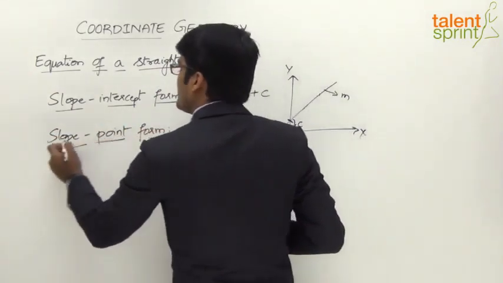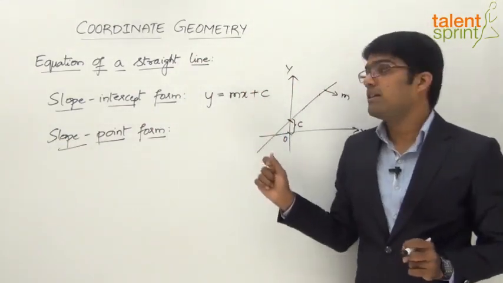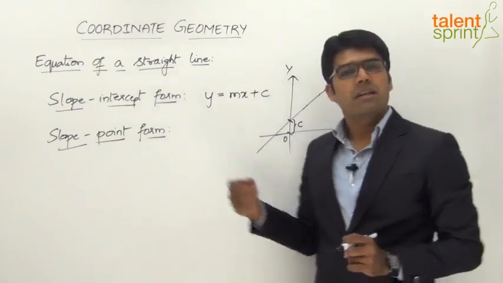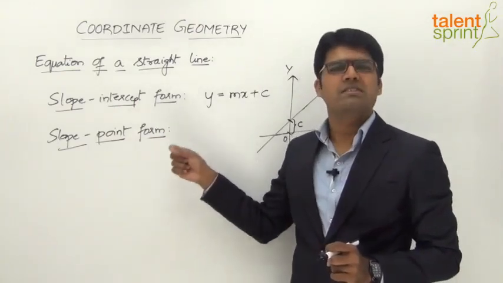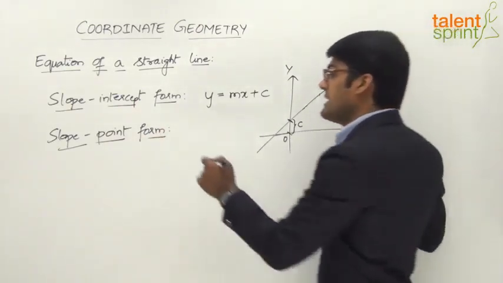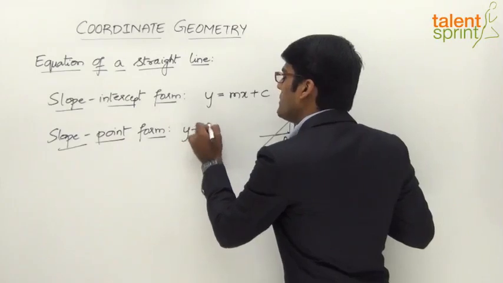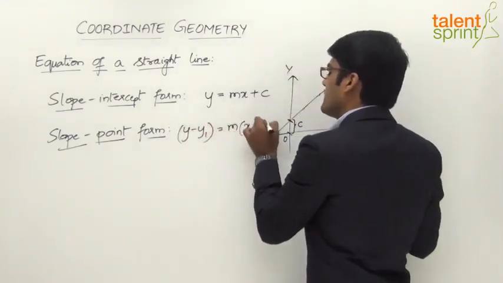Like in the earlier case, we know that the slope-intercept form can be taken as y equals mx plus c. So the slope and the intercept were given to us. And in this case, when the slope and the point through which the line passes are given, then we can take the slope point form, which is given as y minus y1 equals m into x minus x1.